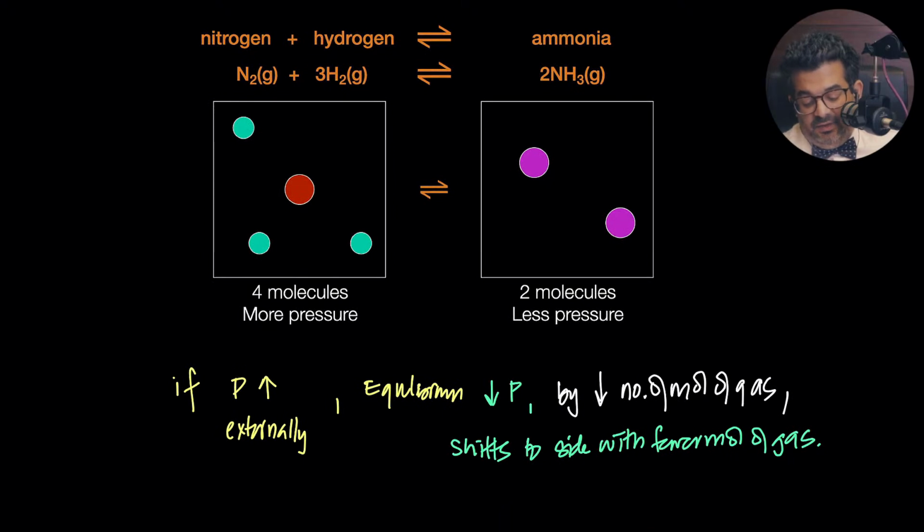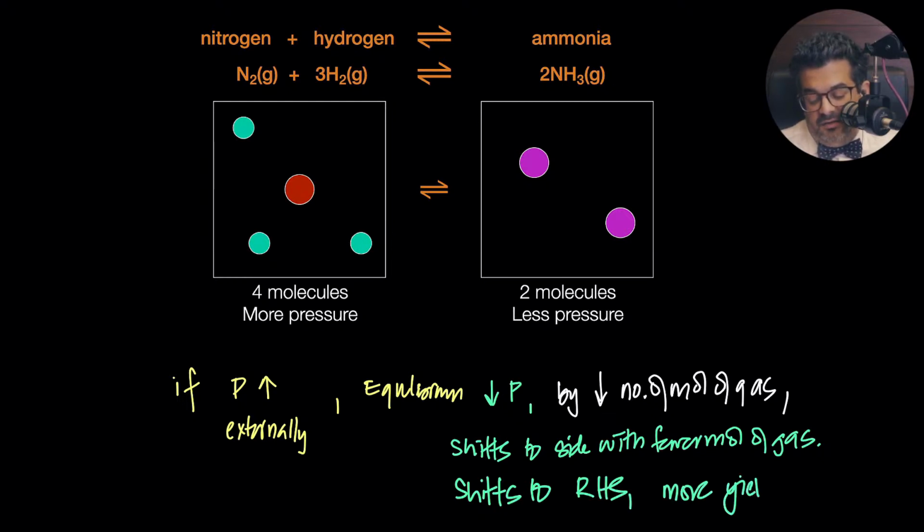So the idea was that it should shift to the side with fewer moles of gas. That's the ammonia side. So you'll say it shifts to the right hand side, which means more yield. We already discussed, remember, that pressure increases rate, but now pressure also increases yield. In this particular case, pressure will move this equilibrium to the right.